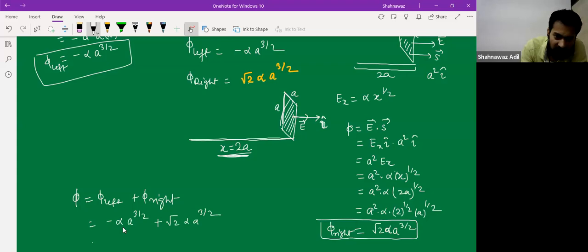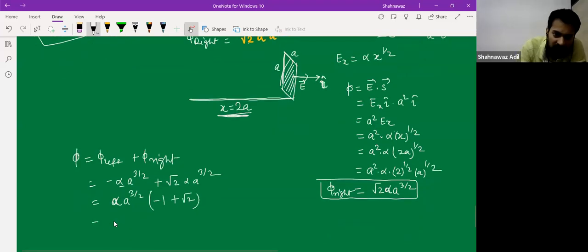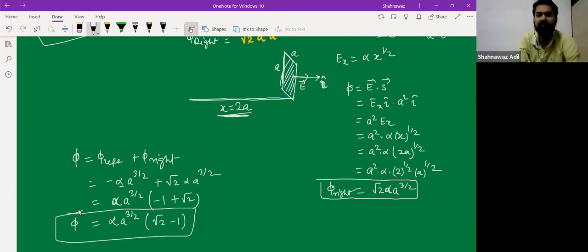If you take common alpha and 3 by 2, this would be minus 1 and plus root 2. So you can write this as alpha A 3 by 2 into (root 2 minus 1). So this is your flux. Understood?